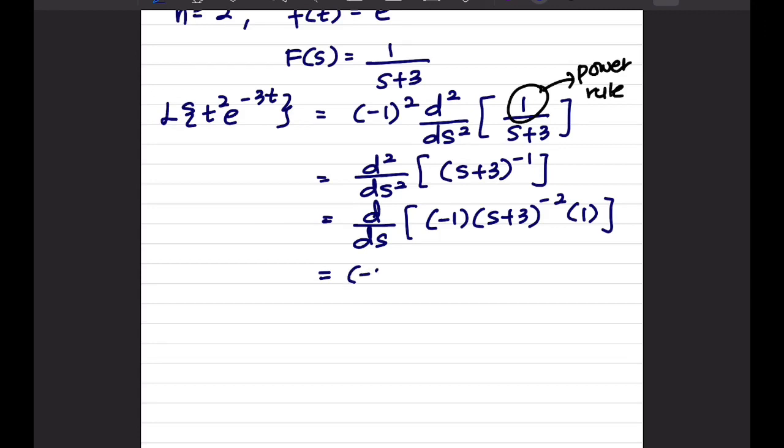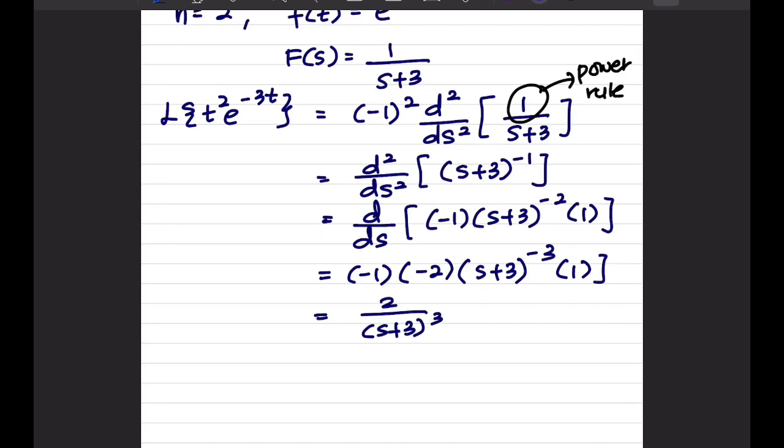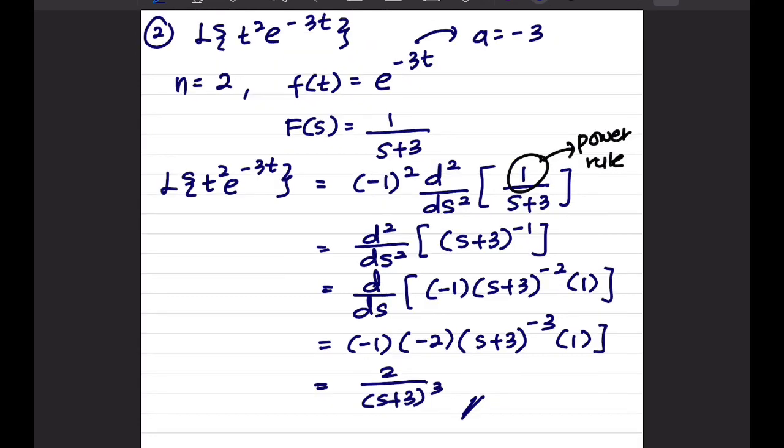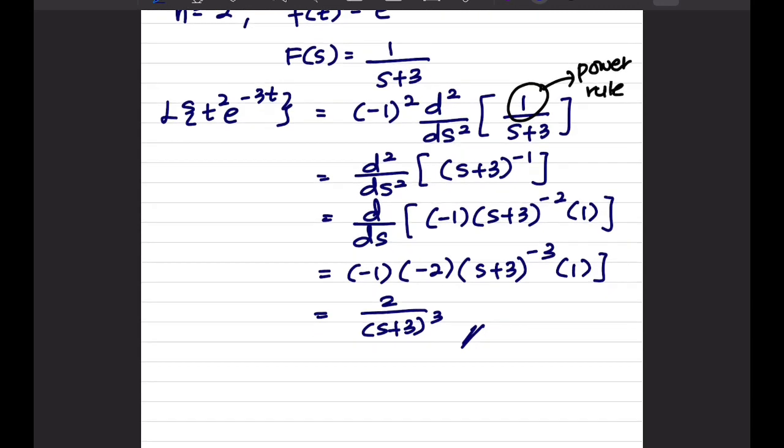Then differentiate again. Negative 1 times negative 2 times (s plus 3) to the power of negative 3 times 1. Then simplify, we get 2 over (s plus 3) cubed. Okay, this is the answer for function 2.